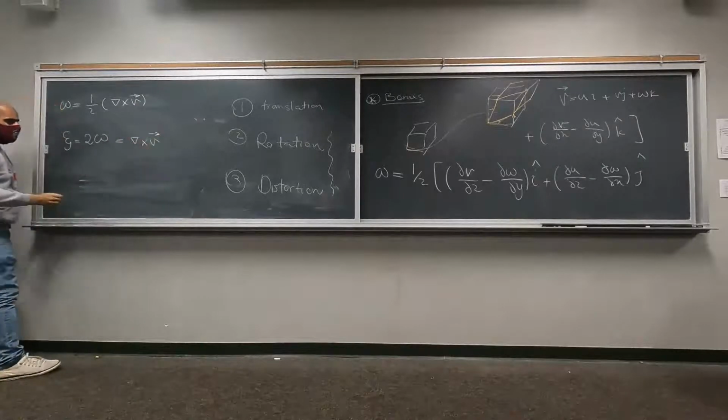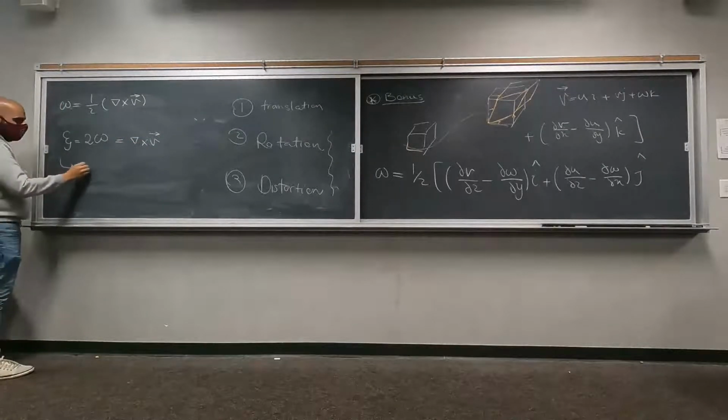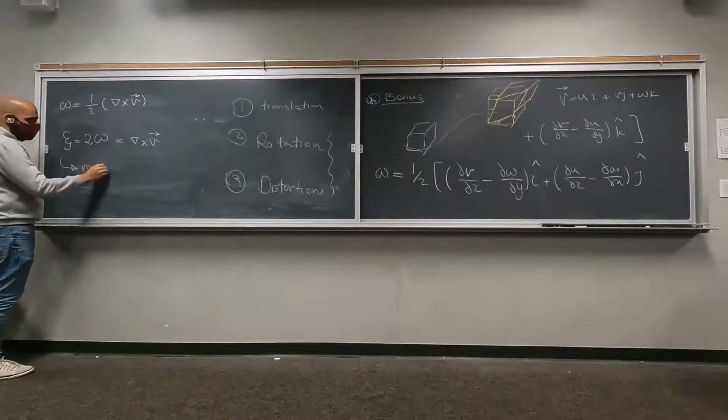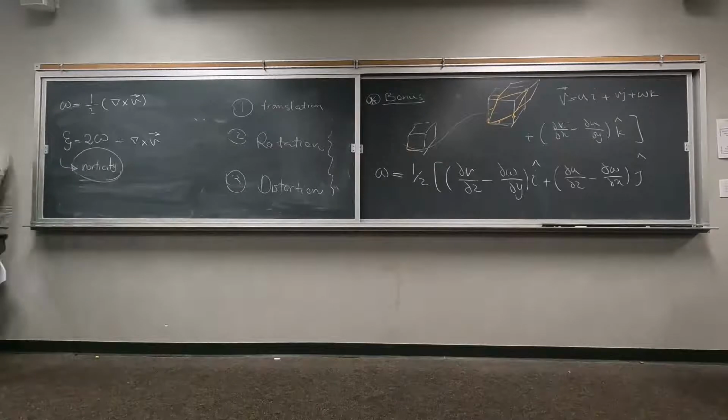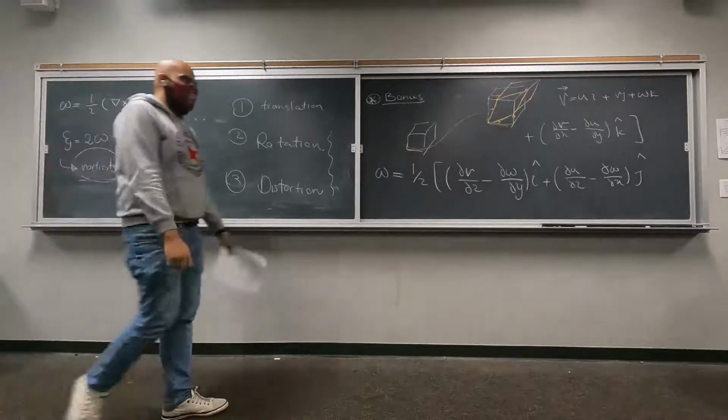This new parameter is called vorticity. Have you seen vorticity before? Okay, so it's just twice the angular velocity.